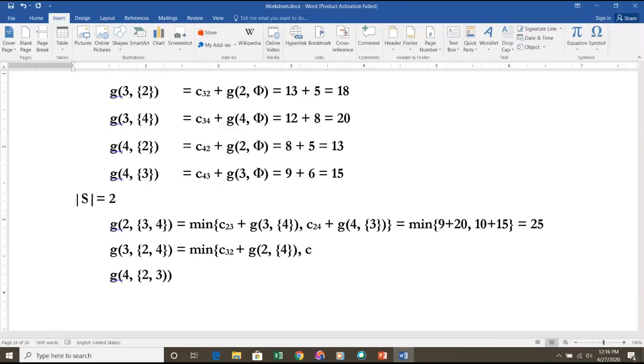Please cooperate. Next one is, one more path is from 3 to 4. C 3 4 plus g of, starting from 4, what is remaining? If you remove 4, 2 is remaining.